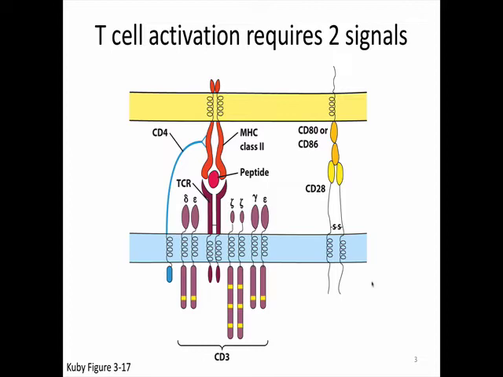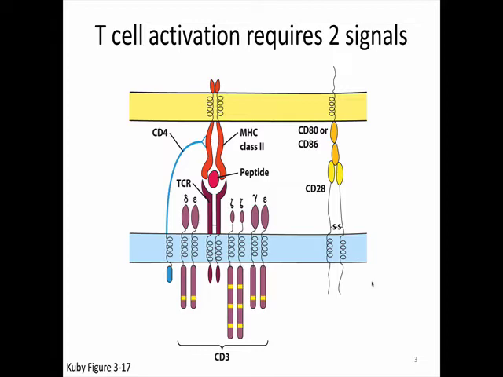B7 is the same thing as CD80 or CD86. I'm not really going to say anything that's special about one versus the other. As far as I'm concerned, they can be CD80 and 86, or they can be B7 or whatever. But those proteins are produced by our antigen-presenting cell. They're transmembrane proteins on our antigen-presenting cell that can bind to CD28 to give this second signal to our T cell.